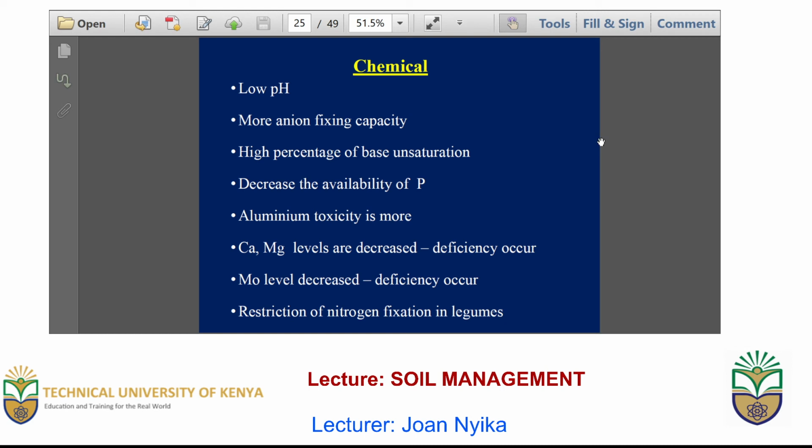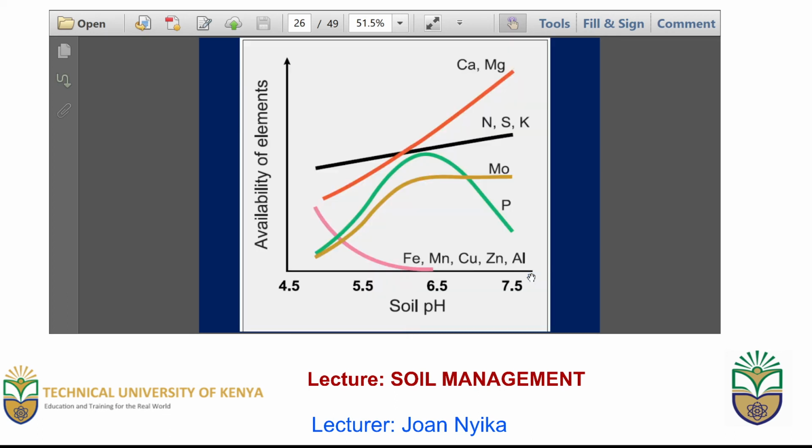And if the crop is not able to access nitrogen, phosphorus, calcium, magnesium, and molybdenum, then it is losing a whole deal of micro and macronutrients, and ultimately the crop productivity will be lowered.